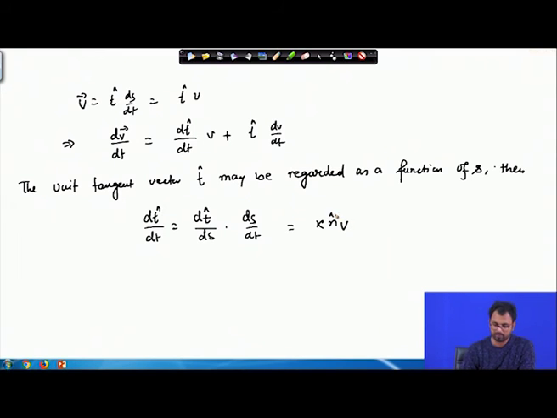So, this is kappa n, and if I substitute all these values here, this will reduce to, let us say equation 1.